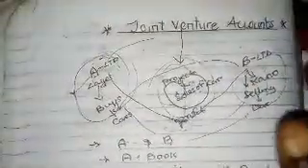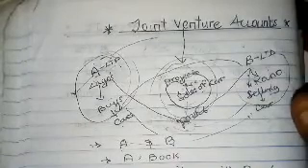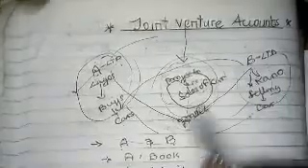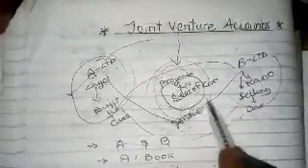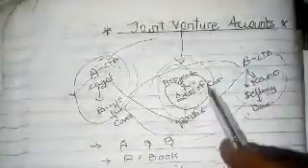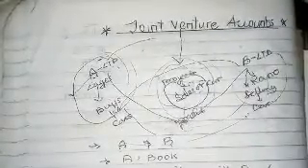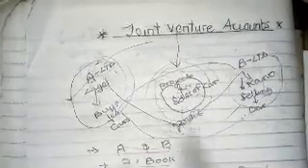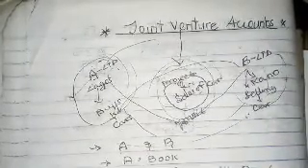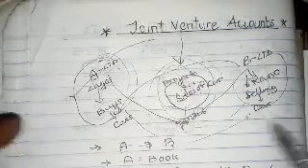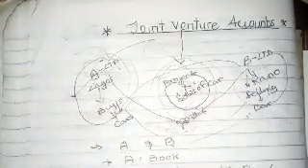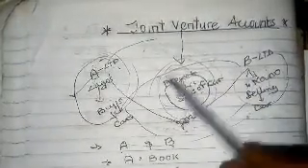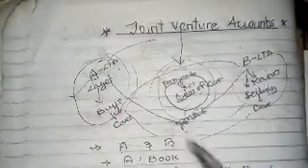In a nutshell, I said joint venture is where two or more businesses come together to execute a legal activity. A joint venture is an arrangement whereby two businesses or more come together to carry out a business activity for the view of making profits.